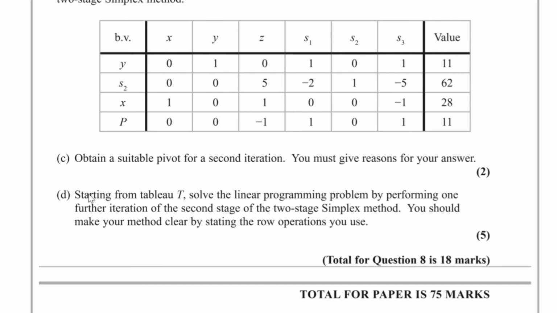Now for part D of the question, starting from Tableau T, we have to solve the linear programming problem by performing one further iteration of the second stage of the two-stage simplex method. You should make your method clear by stating the row operations you use.